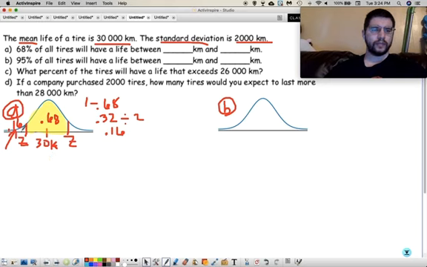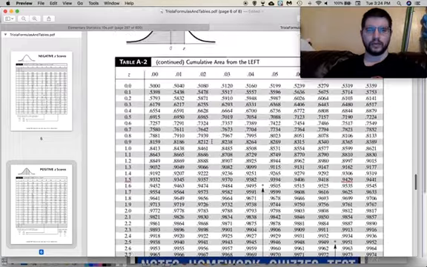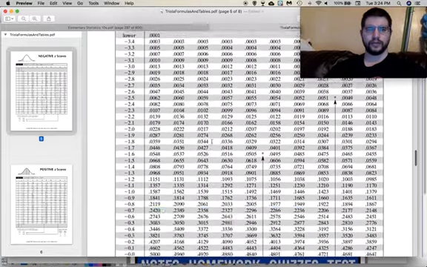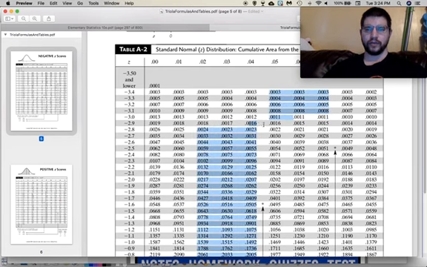So what I'm going to do is look up 0.16 on my chart because the area to the left is the z-score. Let's call it z1, z1 is 0.16. Let me go to the negatives. Here's 13. Okay, 14. Oh, there it is. 0.16. We have two values for that. Oh, wait.